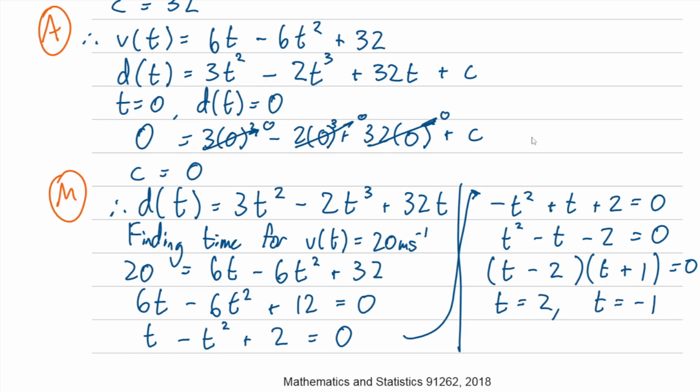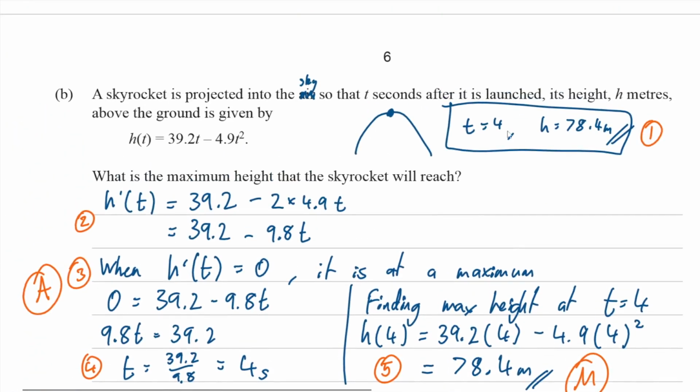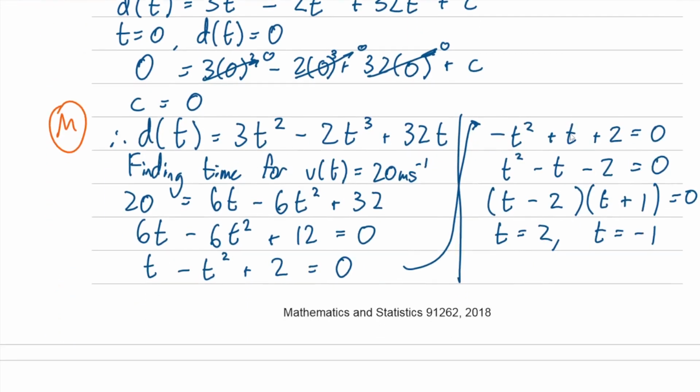Now, does it make sense if we have negative time? What that means is if we went back in time too far, before the drone passed the tree, it would be traveling at 20 meters per second. However, we're only interested in after it's passed the tree. So, when time is 2 seconds.